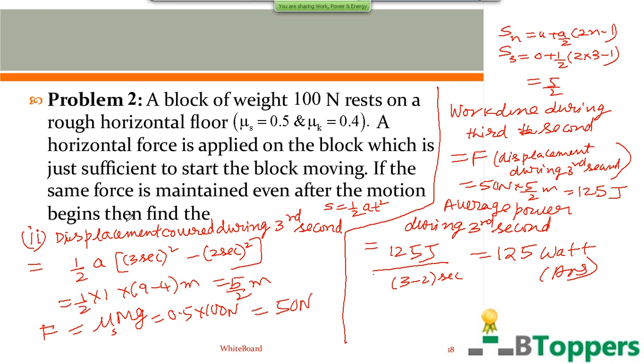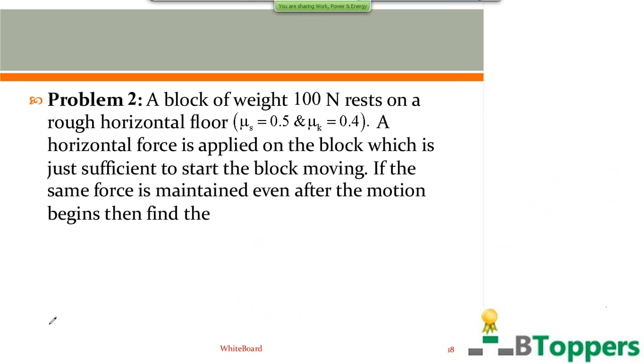Next, I am going to discuss the third part of the question. In the third part, you are asked to find the instantaneous power at the end of third second.